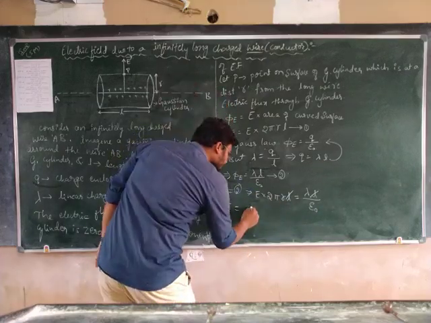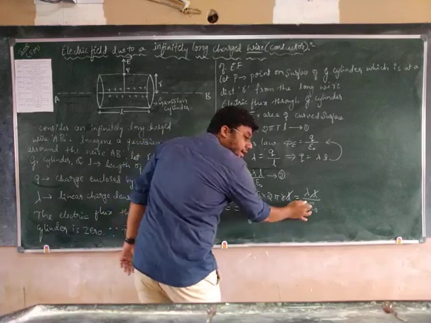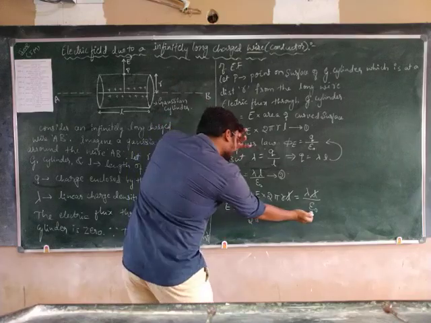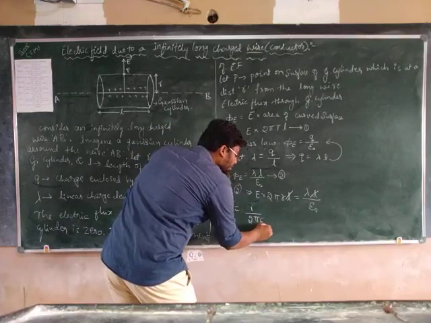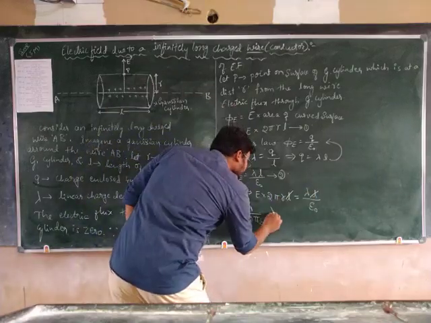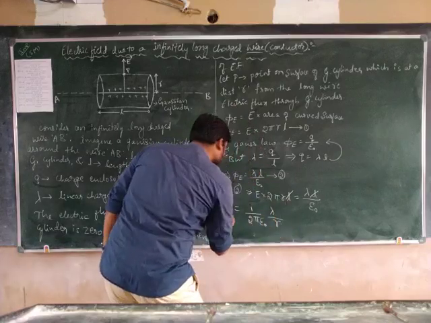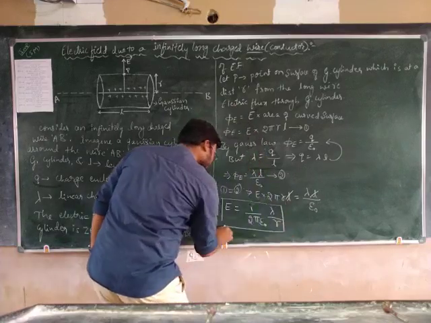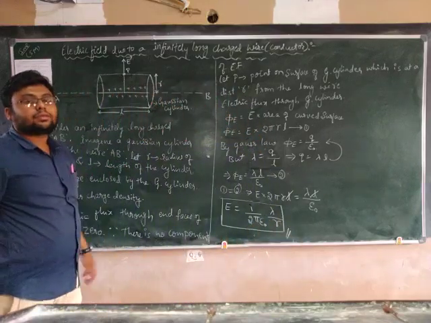So that is 1 divided by 2 pi, below. Okay, and epsilon naught I am going to write it first. Epsilon naught. Then what we are remaining with is lambda divided by this r. It's a very important expression.